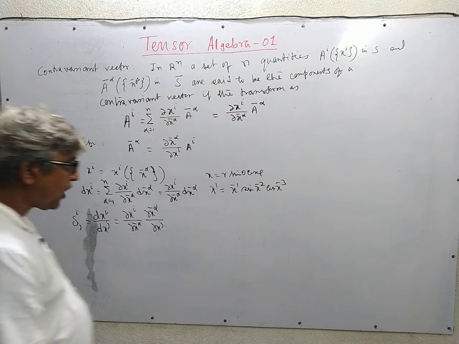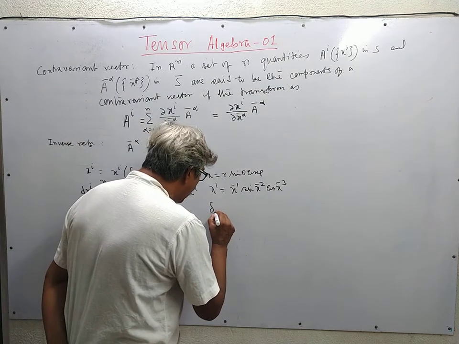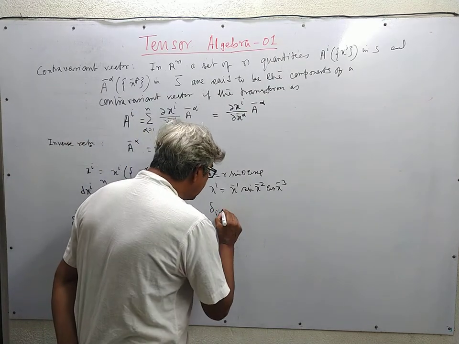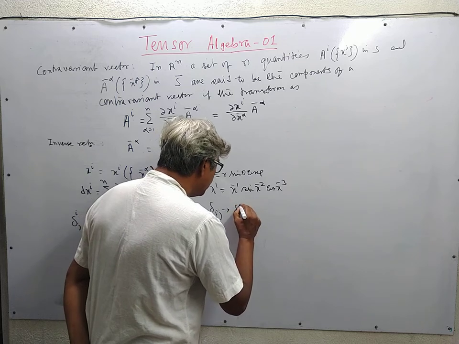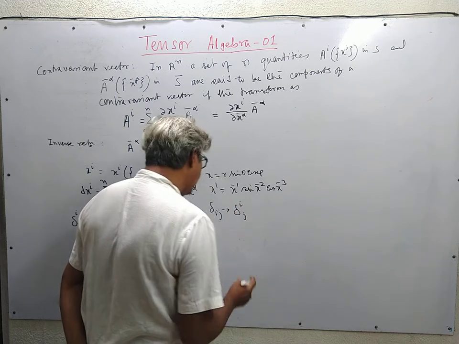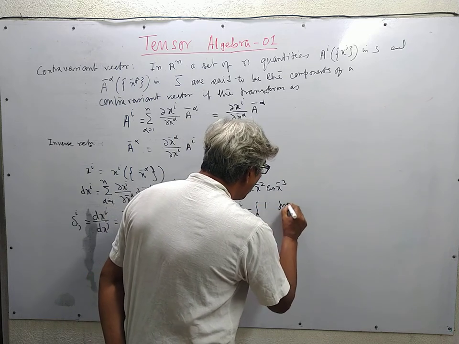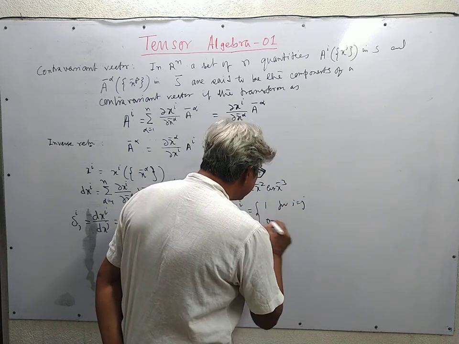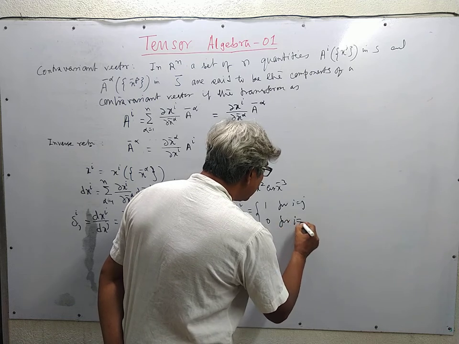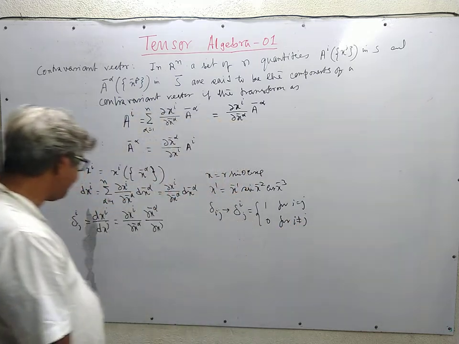Usually we used to write Kronecker delta as delta ij. Now this definition has changed to delta ij, and the same thing, this is equal to 1 for i equal to j and 0 for i not equal to j.